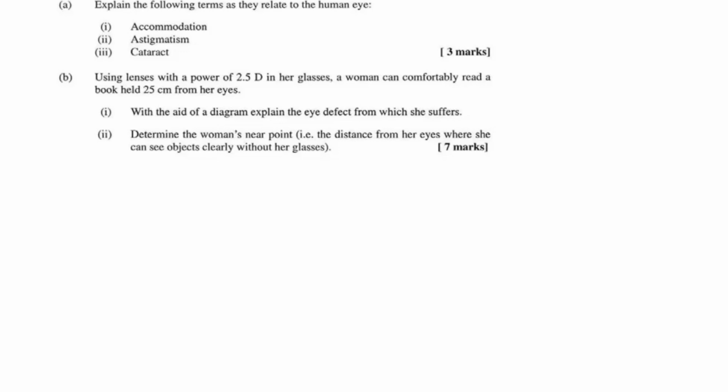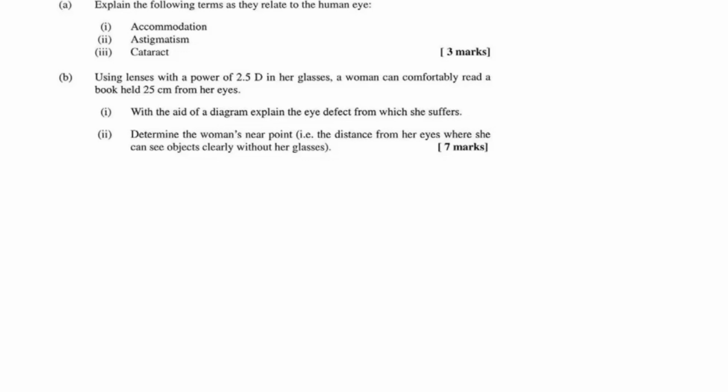We use a converging lens. We agree? Use a converging lens to fix that condition because the eyeball is too short, so the light rays from near objects are converging behind it.